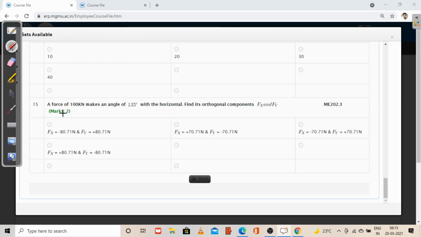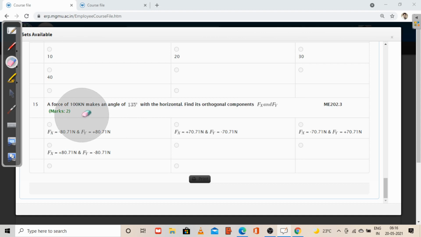Now the 15th question. A force of 100 kilonewton, and it is of resolution. It is from the third chapter. A force of 100 kilonewton makes an angle of 135 degree with the horizontal. Find its orthogonal components Fx and Fy. Now what do you have to do for this?